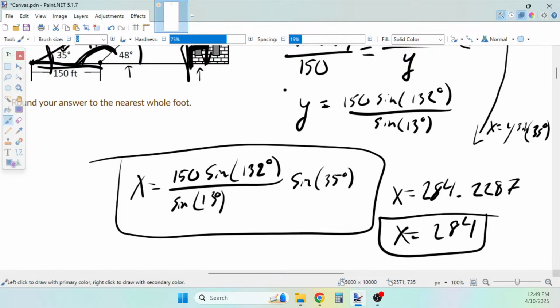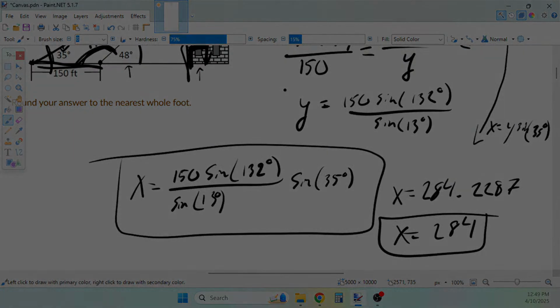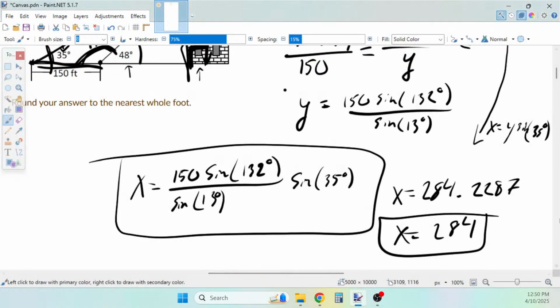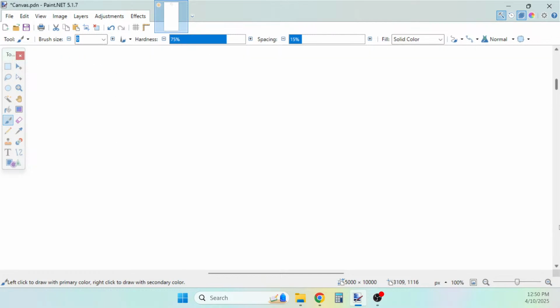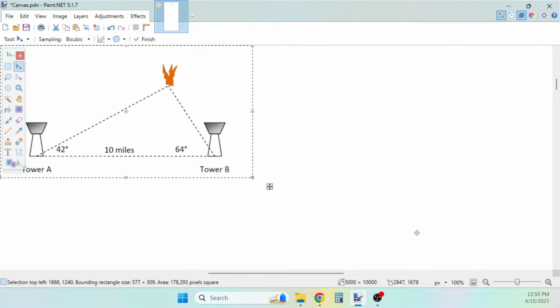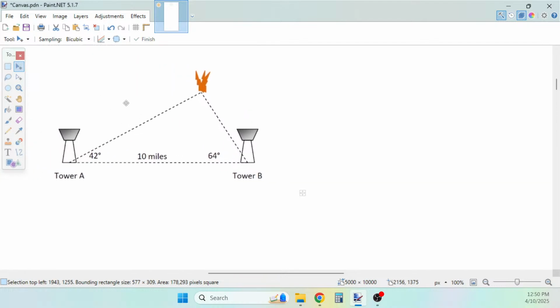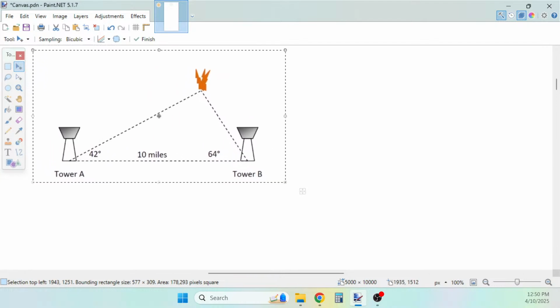So it says fire towers A and B. And I know that there are people who draw better, but I kind of like it. Solve this problem.